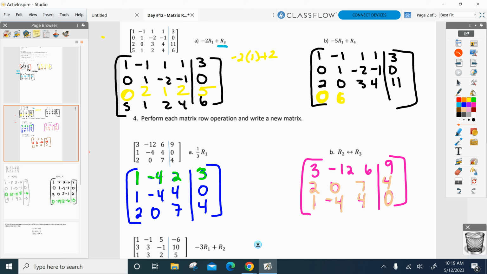I got a negative 3. A negative 1. And then my last number here, when I did negative 5 times 3 plus 6, negative 9.